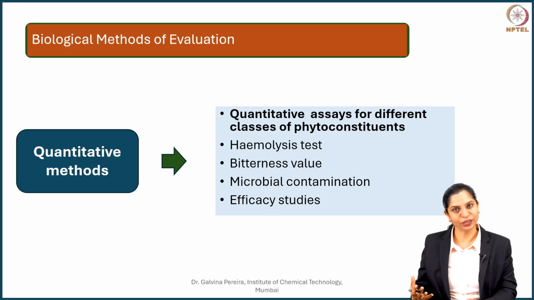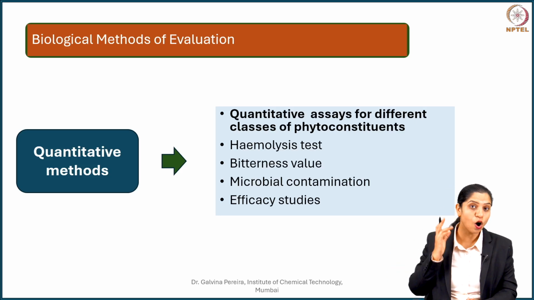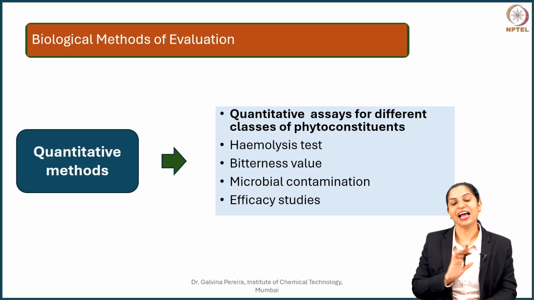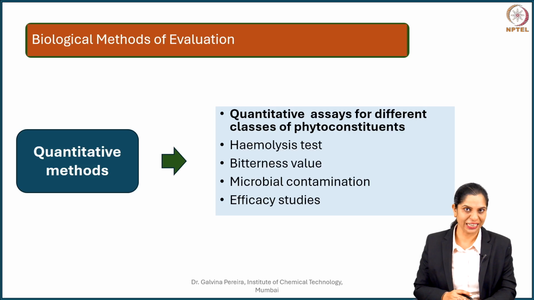If it is not efficacious, all the above quality control methods have no meaning, because when you are going to consume it, there is going to be no effect on your body if my efficacy studies fail. So this is the one which is of paramount importance, and this is done with the help of animal models initially and then real human volunteers in case of clinical trial.